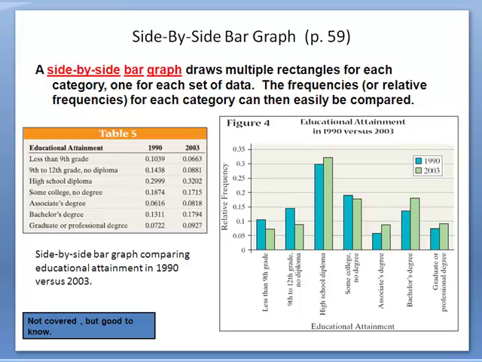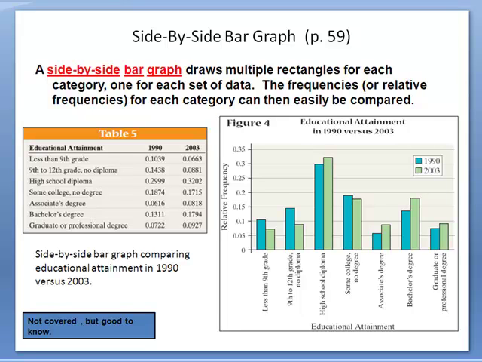Well, in 1990, a tiny bit over 10% had less than a 9th grade educational attainment. But in 2003, that decreased. So we see that there's a decrease in people with less than a 9th grade education. So one would say, oh, well, maybe we're getting a little more educated. So you could look at this and read a graph and get a lot of information off of graphs.